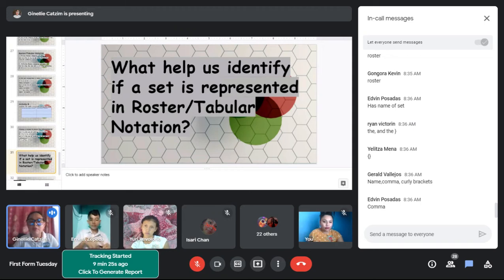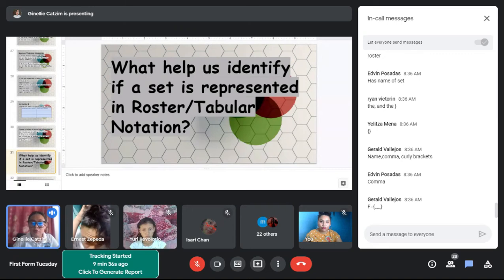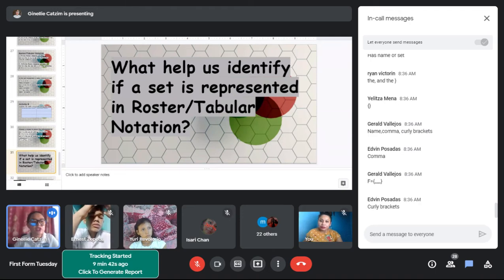Those are what help us identify if a set is represented in raster or tabular notation. If it does not have those things, then we cannot say it is represented in raster notation. Why? Because those are key things that raster notation should have, right?